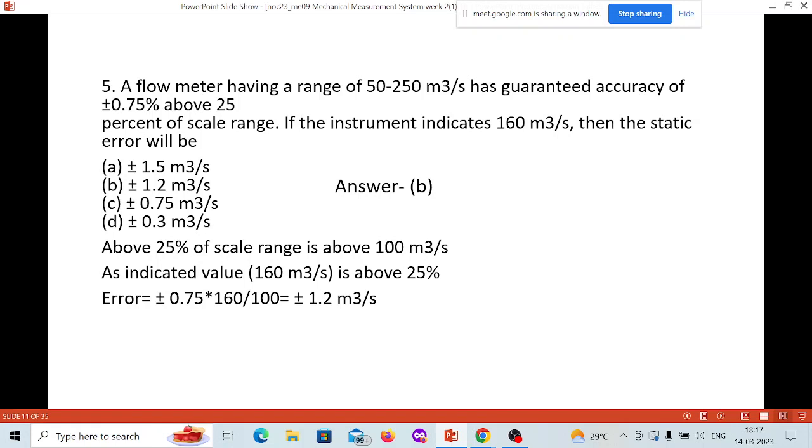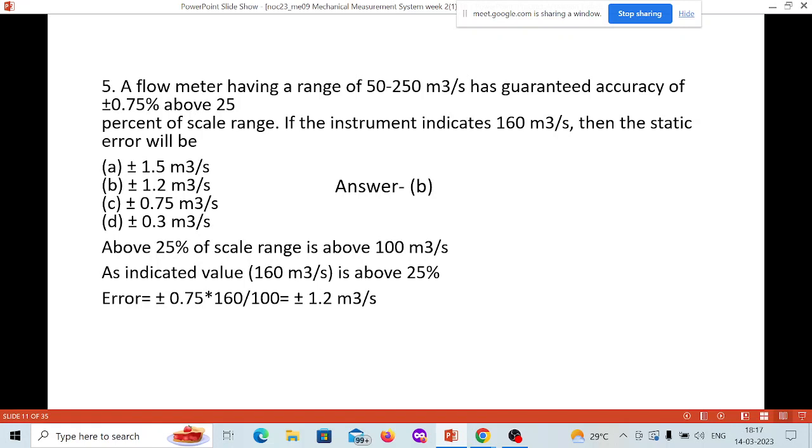Above 25% of scale is 100 meter cube per second. The indicated value is 160, which is above that. So the error will be plus or minus 0.75 into 160. As the percentage is of the indicated measurement, it is 0.75 times 160 by 100, which gives you plus or minus 1.2 meter cube per second.